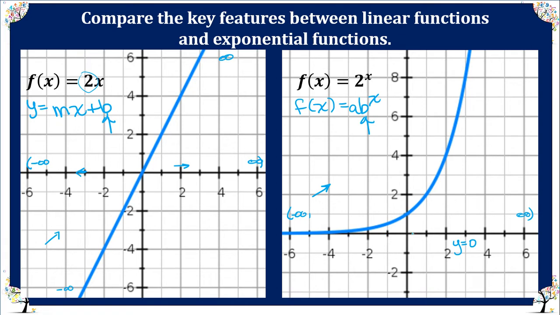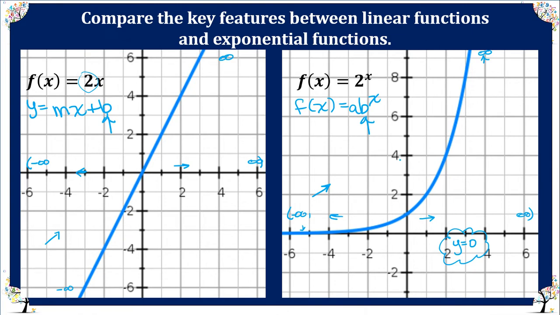Again, our asymptote is y equals 0. So this time, as x approaches negative infinity, f of x, the end of the graph, approaches 0, the asymptote. And then on the right side, as x approaches positive infinity, f of x approaches positive infinity. It goes up. So with exponential functions, when you're dealing with the end behavior, you will always use the asymptote in part of your end behavior.